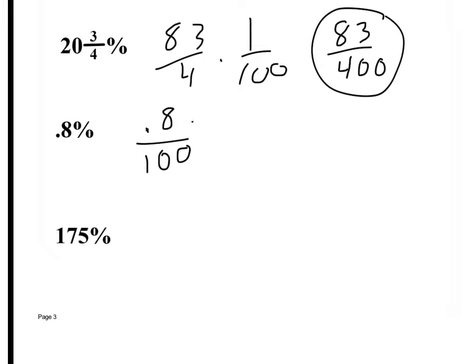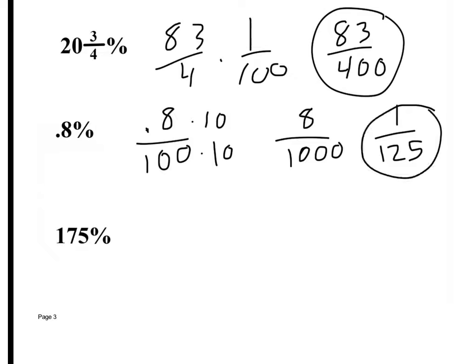I times it by 10. Timesing by 10 moves it one decimal place. That gives me 8. What I do to the top, I have to do the bottom. So that gives me 8 over 1,000. Does that reduce? Yes, I can take 8 out of both those and I get 1 over 125.